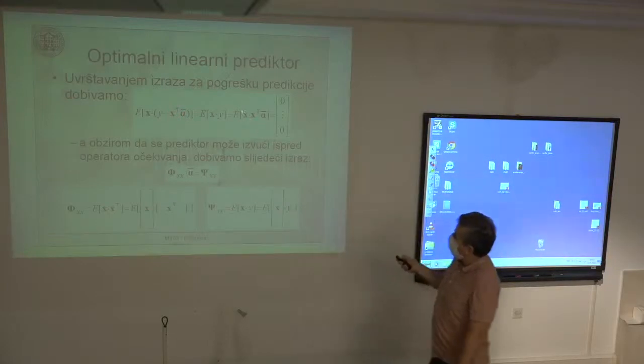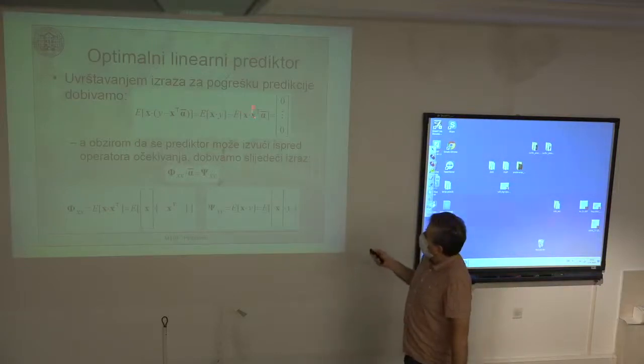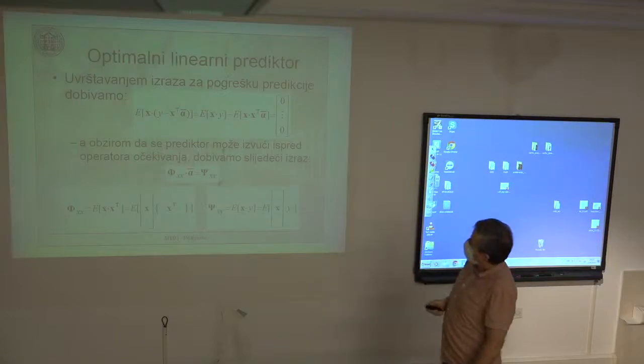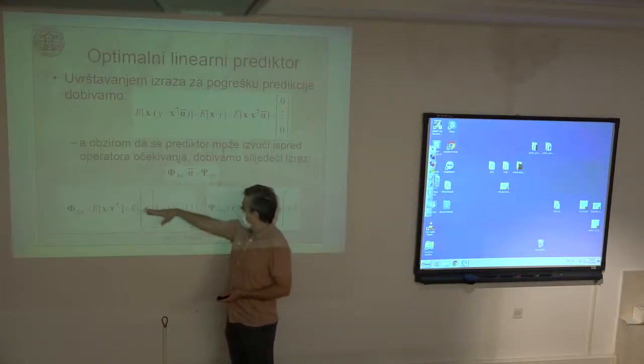So the expected values of the x process, the vector of the source process, multiplied by the same vector but transposed, and multiplied by the vector of predictor values, alpha 1 to alpha p. So what is written here is also a vector. It is not obvious at first glance, because if I rewrite only this term, the expectation of x times x transpose, it is the expectation of the column vector multiplied by row vector.